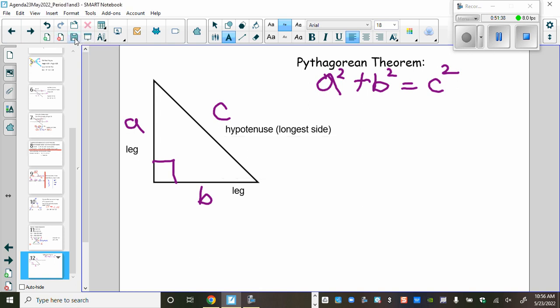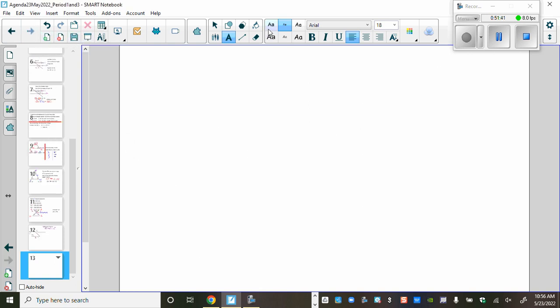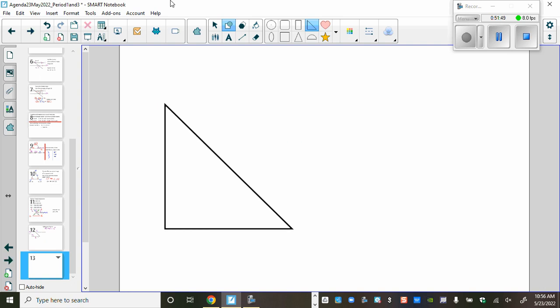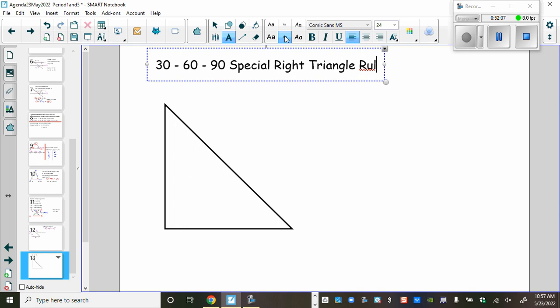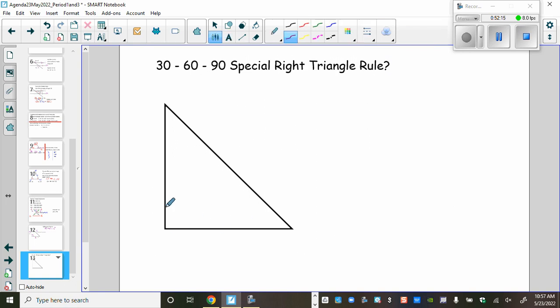I don't think I'm going to have enough room. Does anybody remember? Let me get this up. The 30, 60, 90 special right triangle rule. Okay, here's what you have going on. Make it real easy for you all.